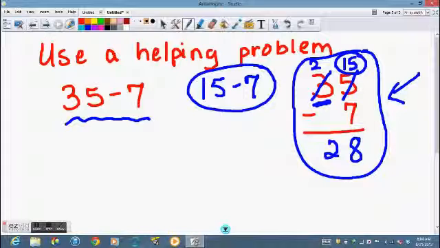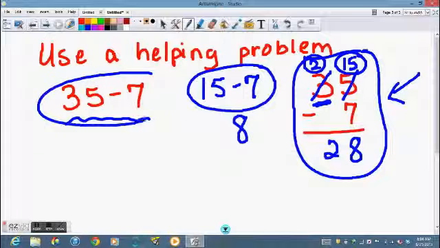Alright, so if we know 15 minus 7 is equal to 8, going back to this problem, when we have 35 minus 7, if we use the helping problem, which is 15 minus 7, and we get 8, and then we understand that the tens digit is going to be reduced by 1, so it becomes a 2, we can find that answer pretty quickly just using this method.